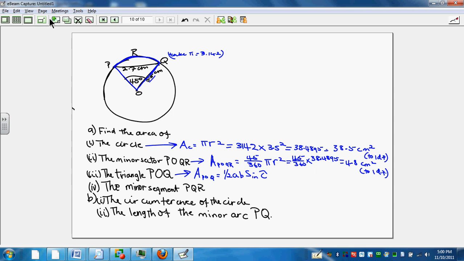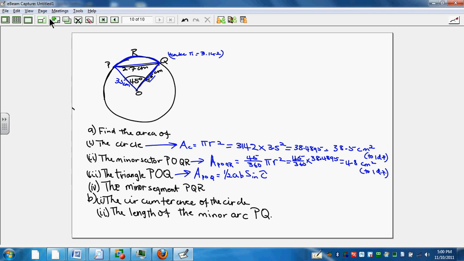Now in this triangle POQ, if I draw that triangle across to show you what I'm talking about, what we realize is that one side is 3.5 centimeters, but the other side will also be 3.5 centimeters. The reason is that it's a radius of a circle, and the radii of a circle are all equal. So we have two sides, PO and OQ, in a triangle, and we have the included angle between the two.